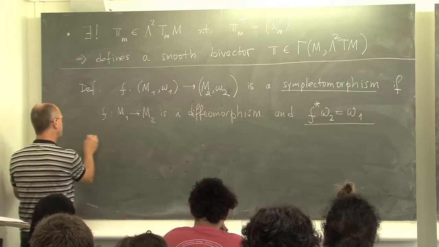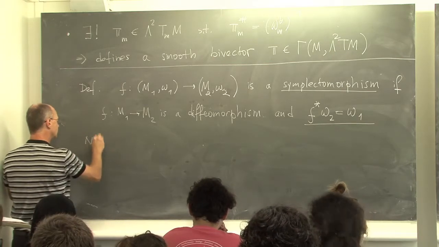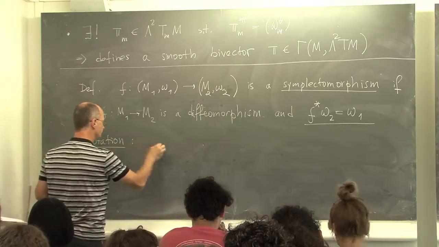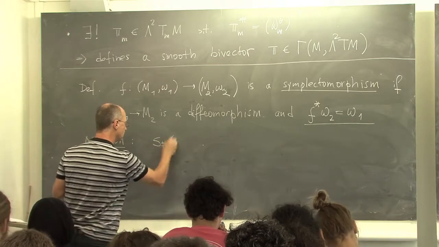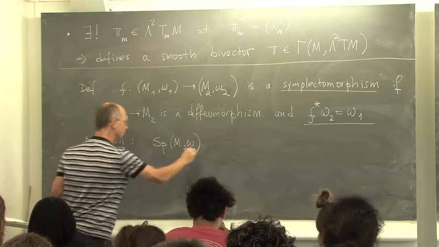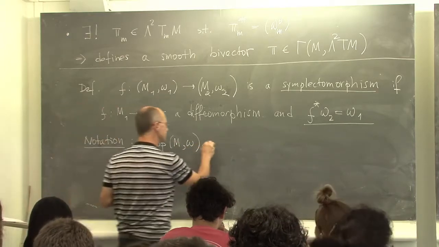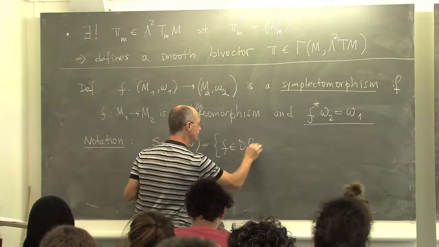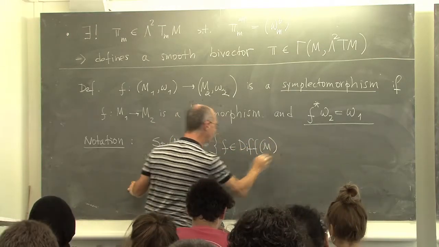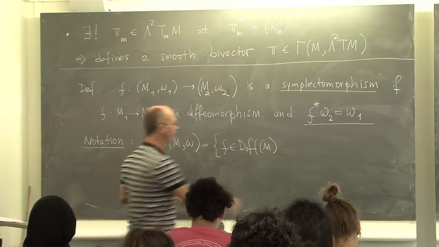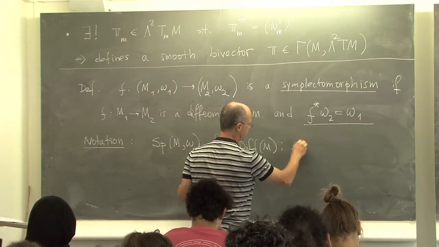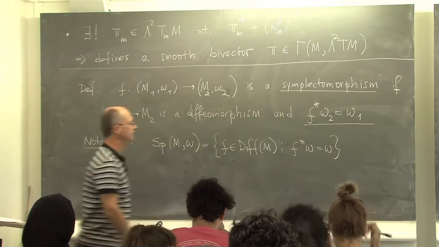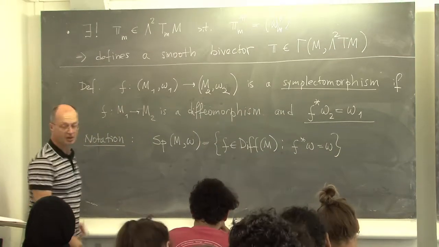Maybe notation. Sp(M, omega) will be diffeomorphisms of M such that the pullback of omega coincides with omega.